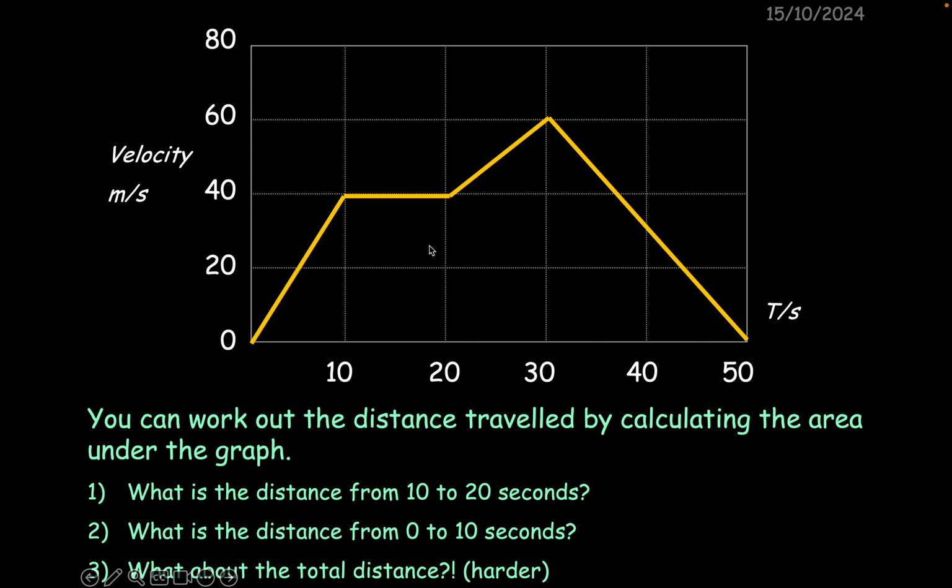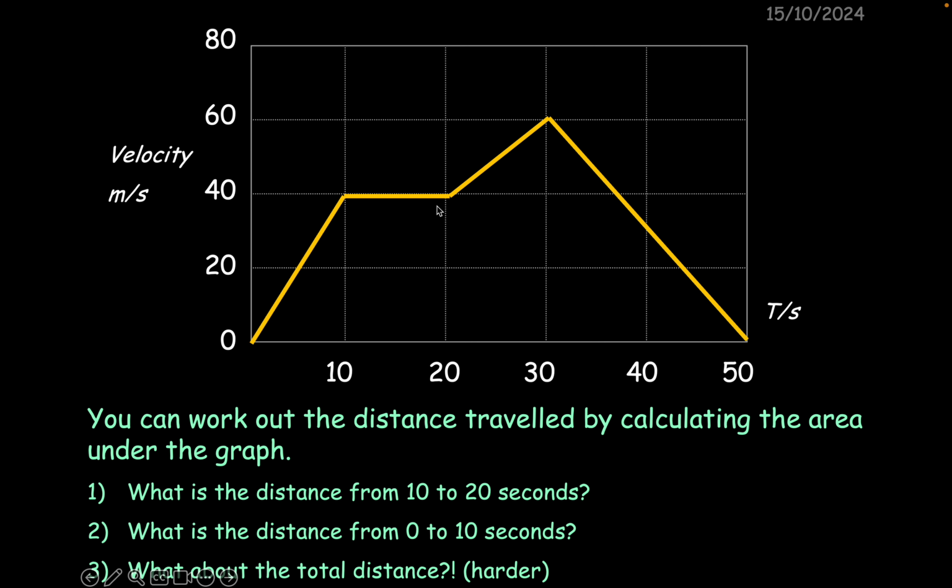So, for example, if you're traveling at 40 meters per second constantly for 10 seconds, the distance traveled will be the velocity multiplied by the time. So it'll be 40 times 10. So this area will be 400. So the area under a velocity time graph is equal to the distance traveled in that section.